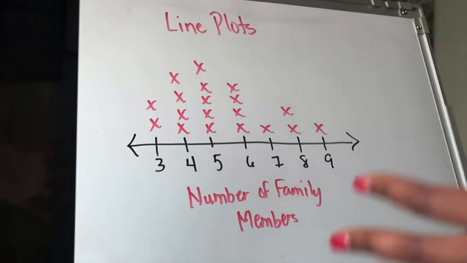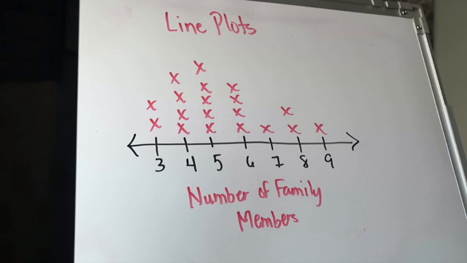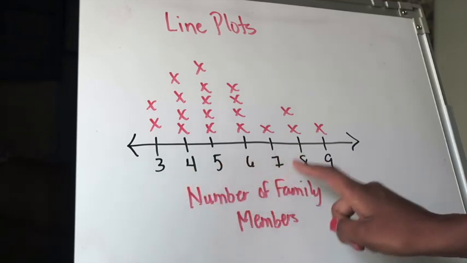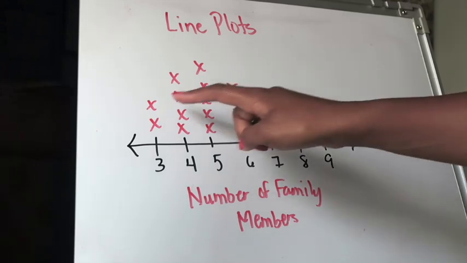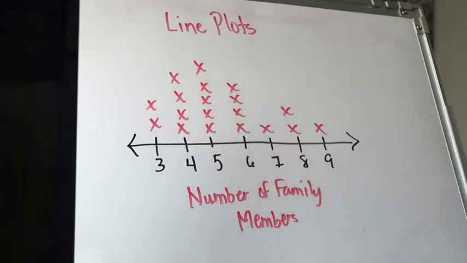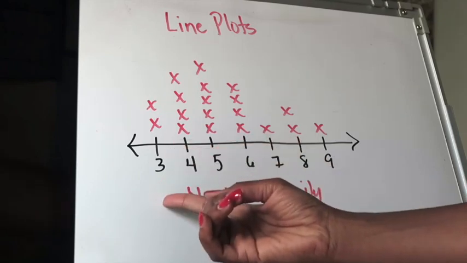During the course of my data collection process for this line plot, I met some people that either had 3, 4, 5, 6, 7, 8, or 9 members in their family. Now, the big thing you want to realize with line plots is that the X's above the number represent the frequency, or how often someone responded with that answer.